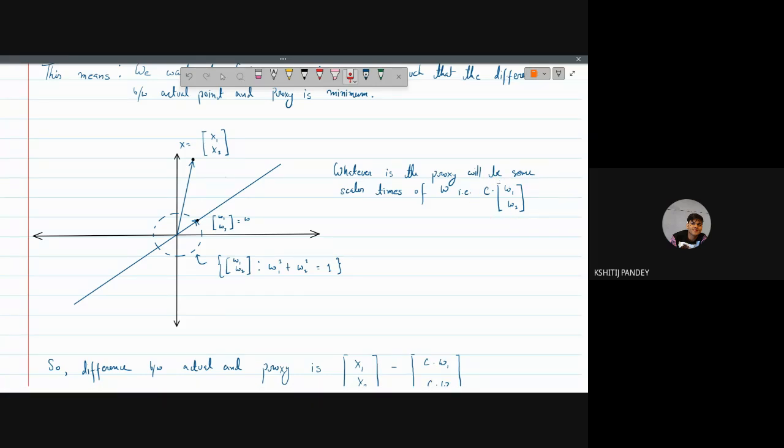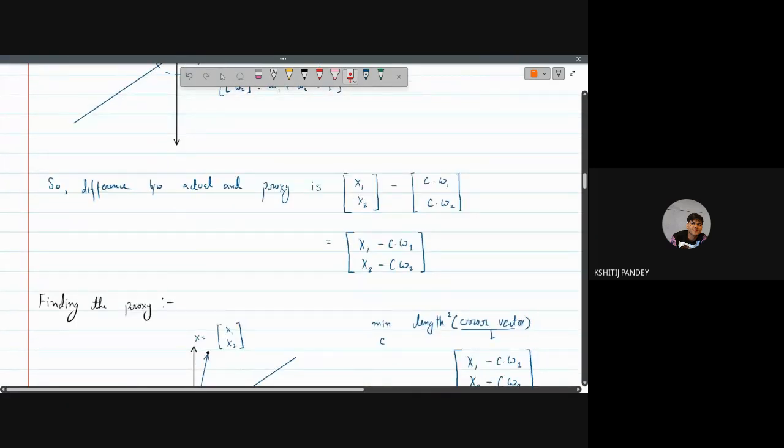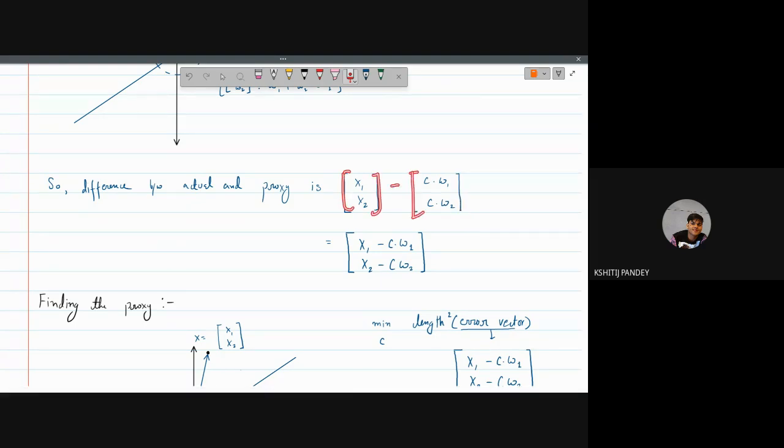So now what's the difference between our actual point and the proxy? The difference will be this. This is the actual point and this is the proxy, and the proxy, as we know, will be some c times the representative vector. Just the same thing, nothing new.